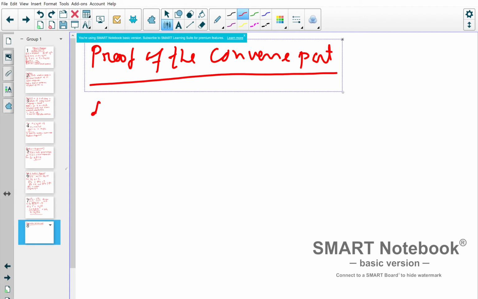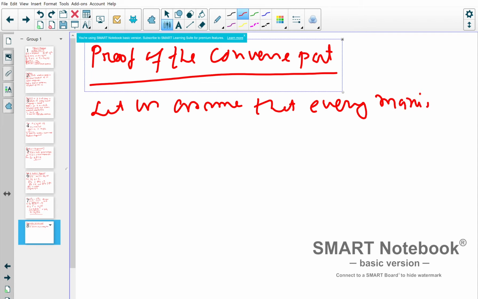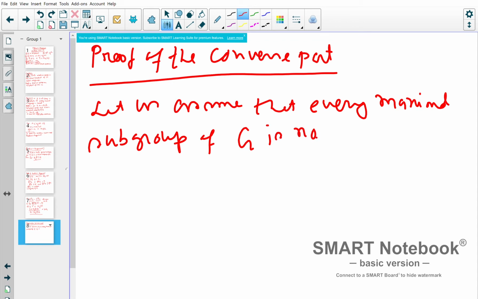So let us assume that every maximal subgroup of G is normal, and then we need to prove that G is nilpotent.